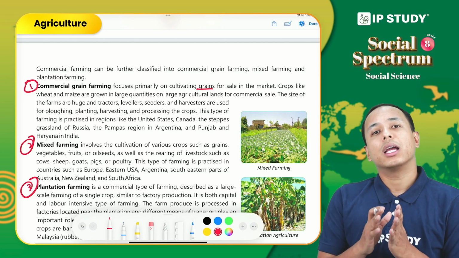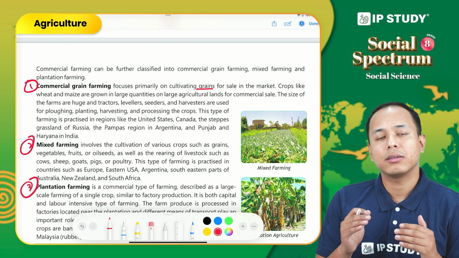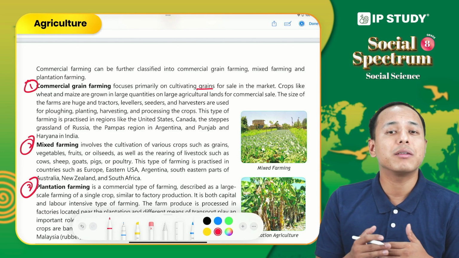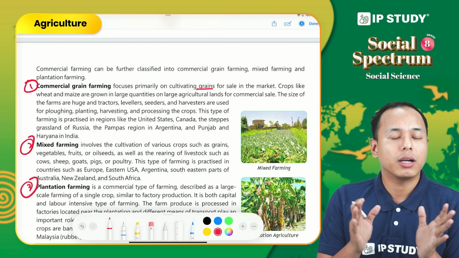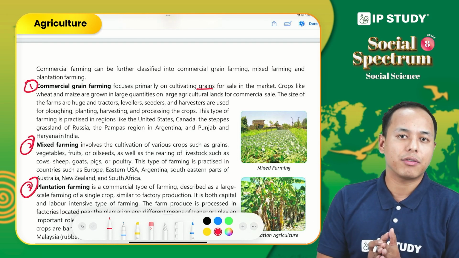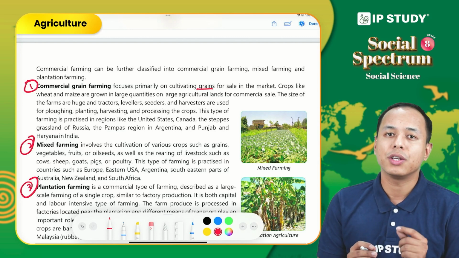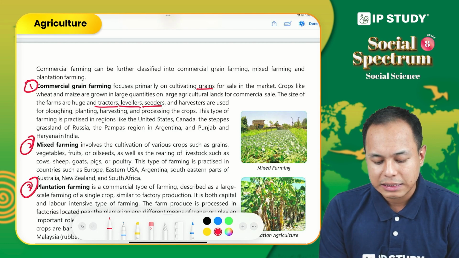So, in huge tracts of land, maize is cultivated with the aim to have huge surplus production which can be sold in the market, and huge profit can be generated from there. Okay, it is highly mechanized with different machineries used as inputs such as tractors, seeders, harvesters.